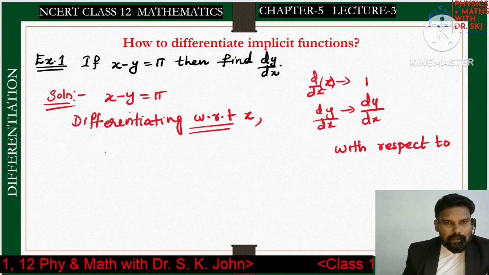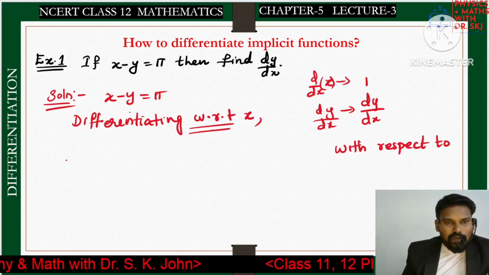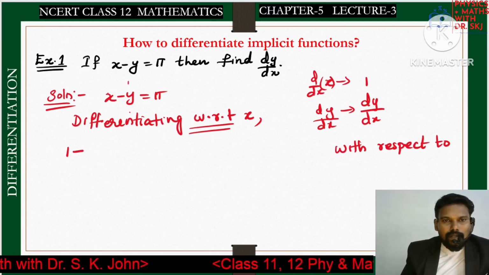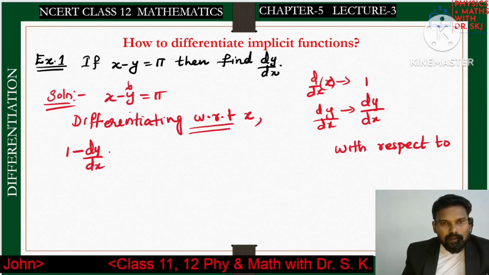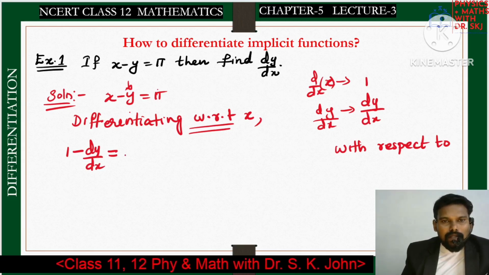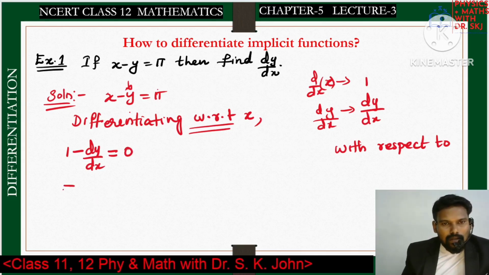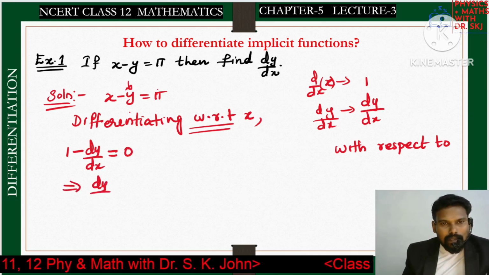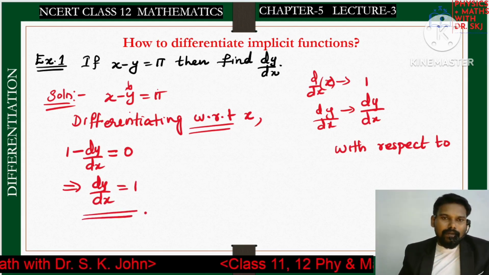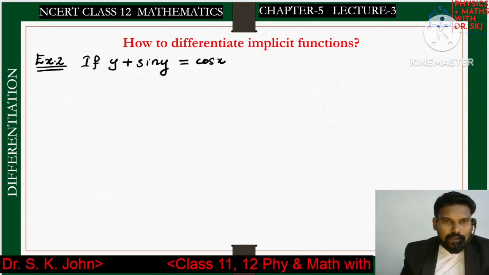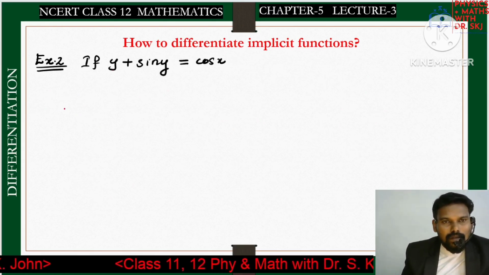With respect to x, the derivative of x is 1 minus the derivative of y is dy by dx, is equal to the derivative of pi, which is 0. So we will get dy by dx is equal to 1, and this is the answer. Now going to the next question, next example.